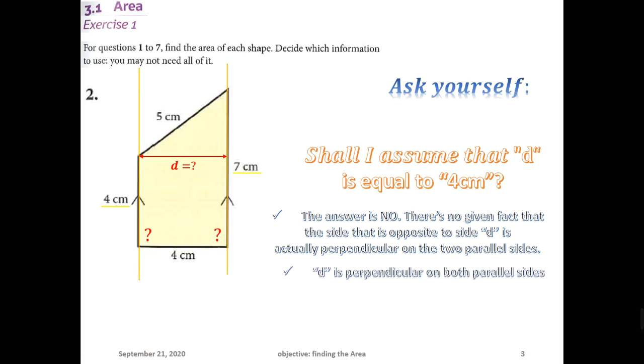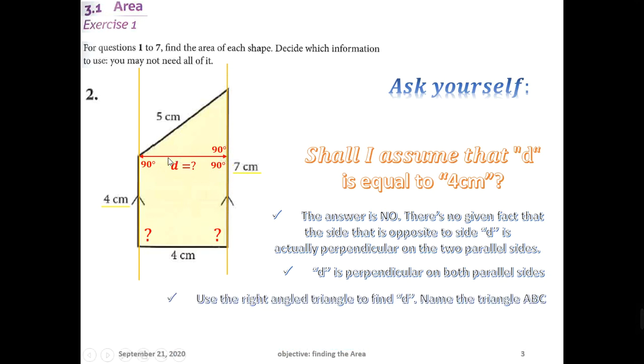D is perpendicular to both parallel sides. We know that it is, because we drew the vertical distance between the two parallel sides. So it means that this perpendicular side creates 90 degrees with the first parallel side, which is 7, and the second parallel side, which is 4. Use the right angled triangle.